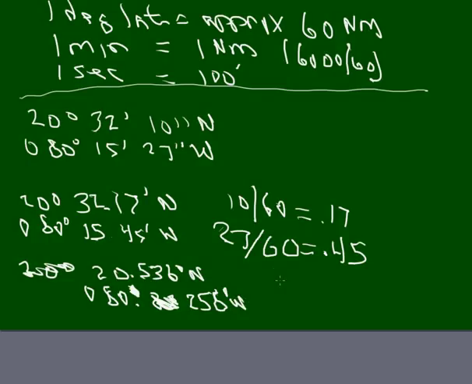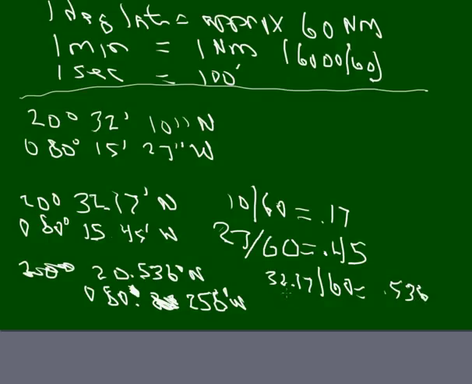I got that because 32.17 divided by 60 equals 0.536 when you round it.